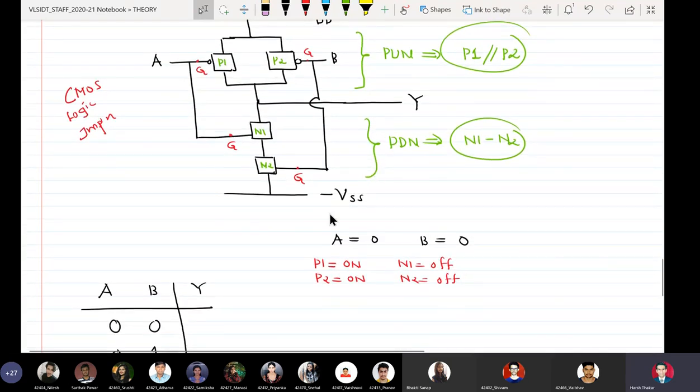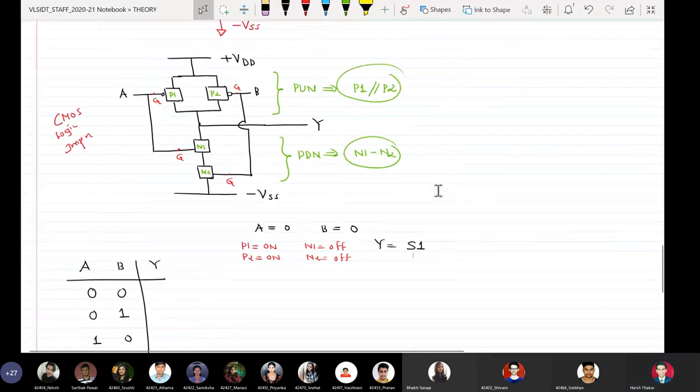That is why the output is equal to 1. It is pulled up, and I will not write down 1 here, because whenever I say output 1, I should comment whether it is weak 1 or strong 1. So now you see that for A equal to 0, B equal to 0, P1, P2 are on, N1, N2 are off. Output is connected to VDD through PMOS. So my output is equal to strong 1.